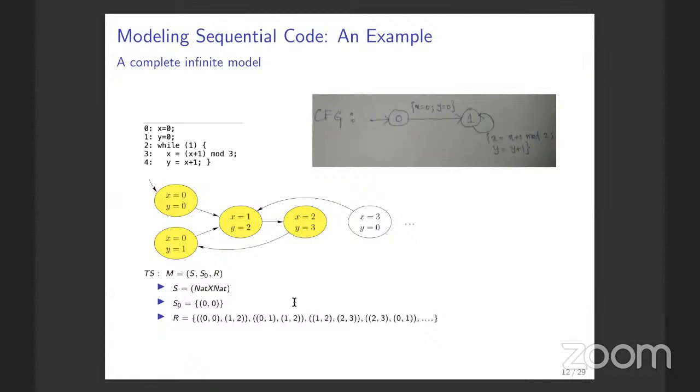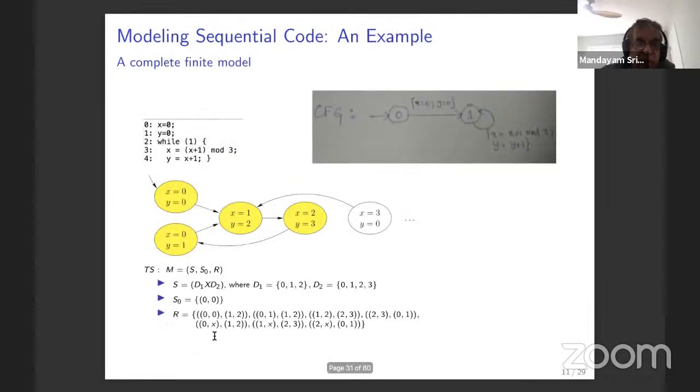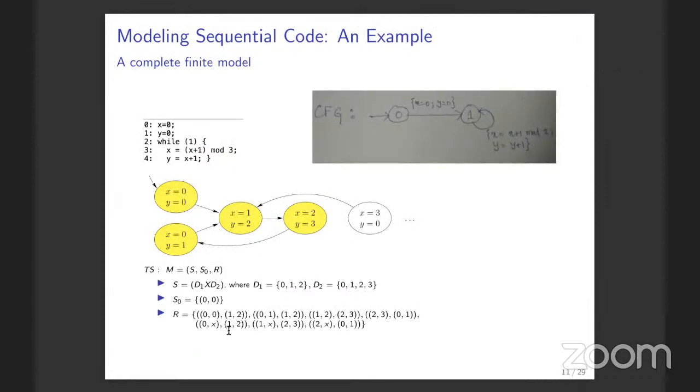Sir, the state 30 does not have another state transition from it, right? No, it does. Why not? Suppose I define the transition relation, reading it as D1 and D2 being NAT. As I said, the transition relation has to be defined for every possible state.